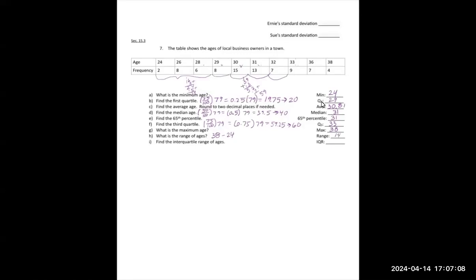All right, then the interquartile range, remember that's Q3 minus Q1. And our Q3, as we saw from above here, is 33. And our Q1 is 29. So that has a difference of 4. So our interquartile range is 4. All right, that's that problem.